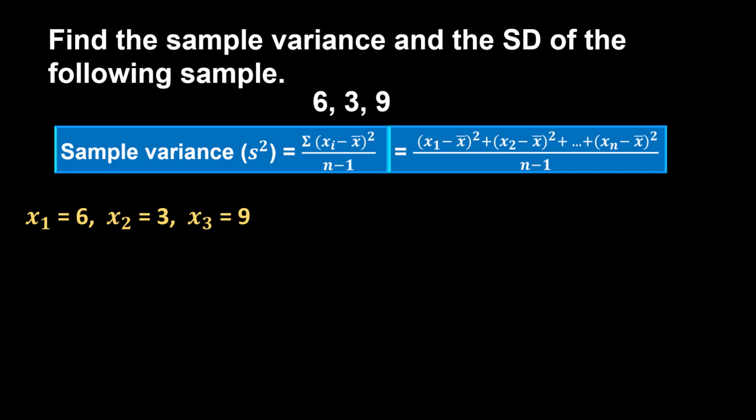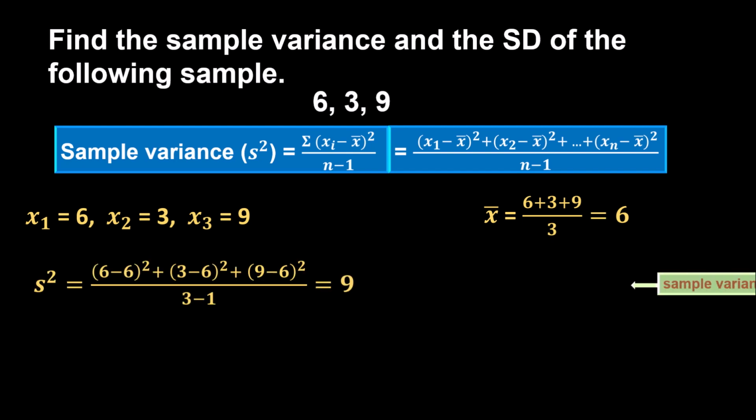Right. Now, the first thing we need to find is x bar. Yes, we already know how to find x bar. It is 6 for this case. Then we can plug the numbers into the formula. s squared equals: x1 is 6, then 6 minus 6 to the power 2, plus x2 is 3, 3 minus 6 to the power 2, plus x3 is 9, 9 minus 6, x bar is 6, to the power 2, divided by n minus 1.